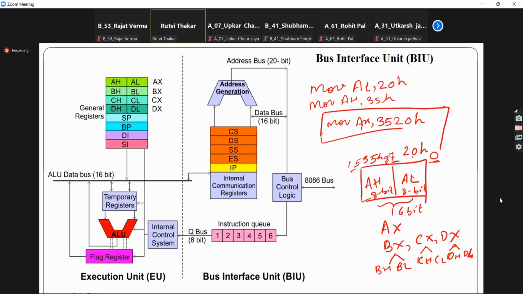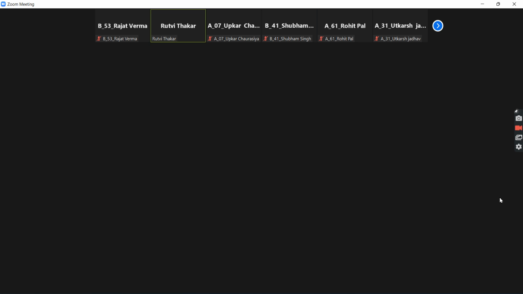From bits 0 to 7 it will put 20, and from 8 to 15 it will put 35. If I write MOV AX, 3520 hex, this is one instruction, while the other way goes to 2 instructions, but both do the same thing.